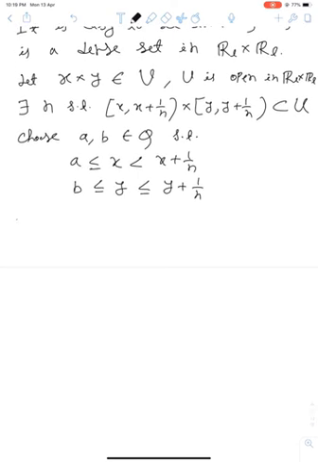That implies a cross b belongs to Q cross Q intersection this open set, or you can say intersect U, right?